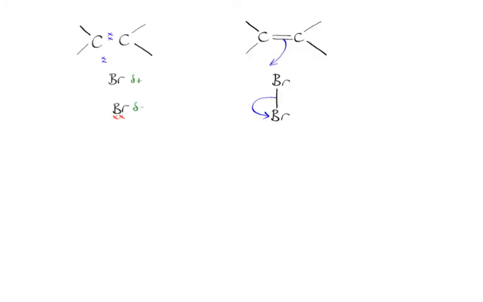We now need to show the result of those two curly arrows. Well, as we can see, the double bond between the carbons has broken and we now just have a single bond like so. Instead we have a bond between the carbon and the bromine like so.